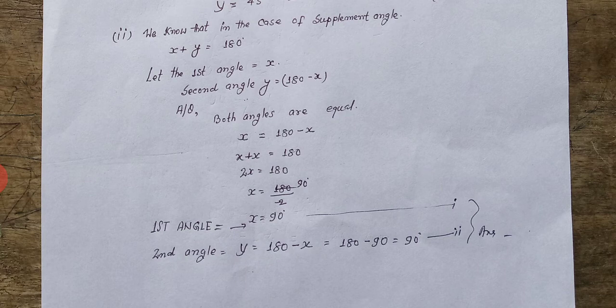By calculation, we get x plus x is equal to 180 degree. Here 2x is equal to 180 degree, and x is equal to 180 degree by 2. We get x is equal to 90 degree, the first angle, and the second angle y is equal to 180 degree minus x is equal to 180 degree minus 90 is equal to 90 degree. This is the answer.